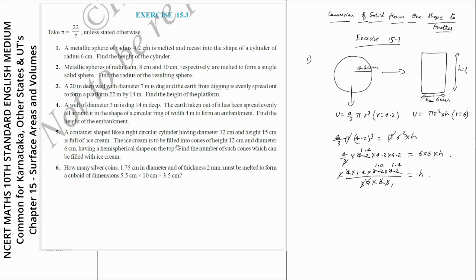So I am left with 1.4 into 1.4 into 1.4. So 1.4 into 1.4 into 1.4 you will get as 2.74, is equal to h. So h is equal to 2.74 centimeter. The radius was given in centimeter, so here the height will be in centimeter, 2.74 centimeter.